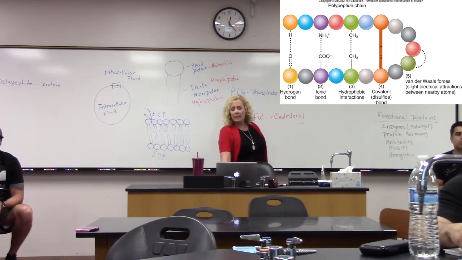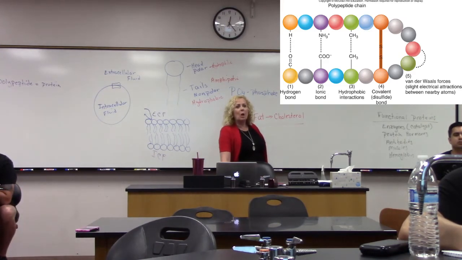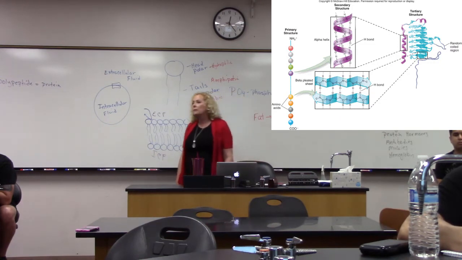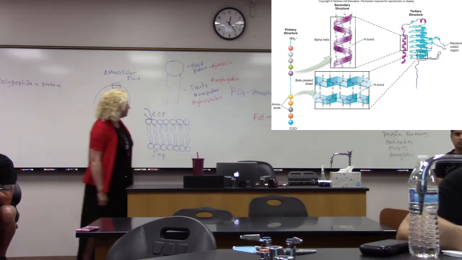By forming these hydrogen bonds, we can actually change the shape of our protein. So what you get now from this long strand, you get these hydrogen bonds interacting, and all of a sudden your protein takes on this kind of twisted shape here, which is what we call an alpha helix. And an alpha helix is a secondary structure.